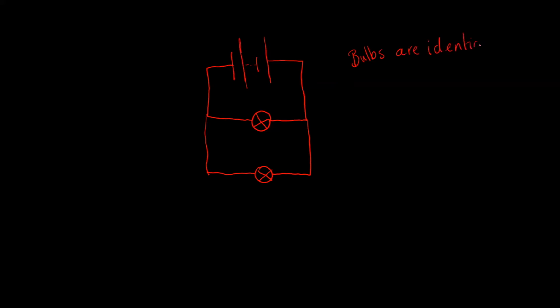So for example, say the current was 2 amps up here. What actually happens is if the bulbs are identical, it splits evenly. If the components are identical, it could be things like a motor, it could be resistors, it splits evenly. But then when it comes back together, it returns as 2 amps.